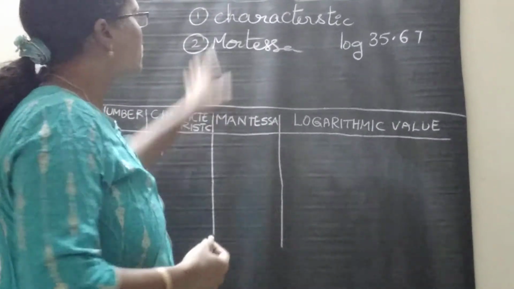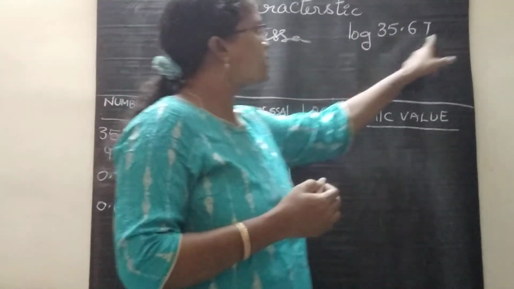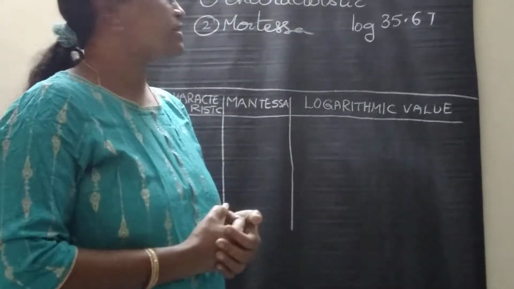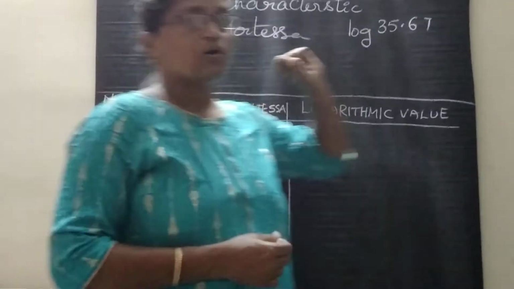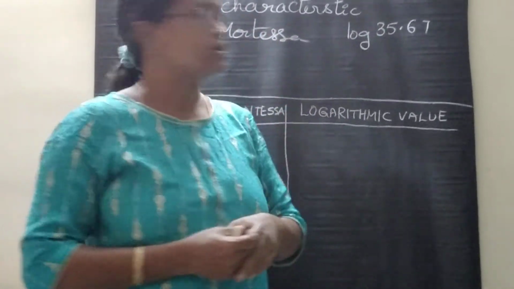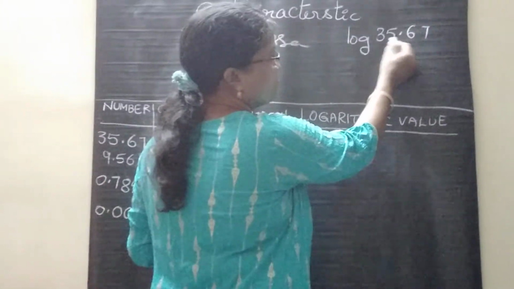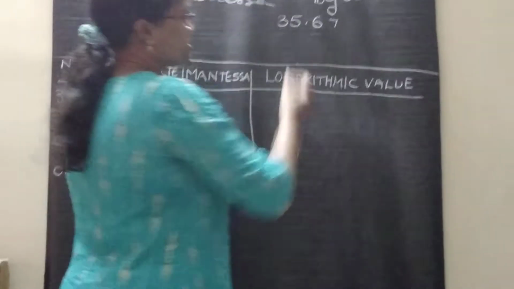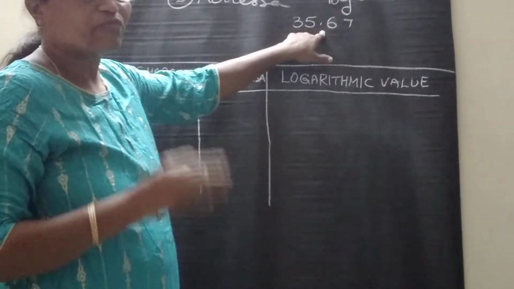We have to write this whole number in scientific notation, which means we put the decimal point after one digit only. Here the decimal point is between 5 and 3.